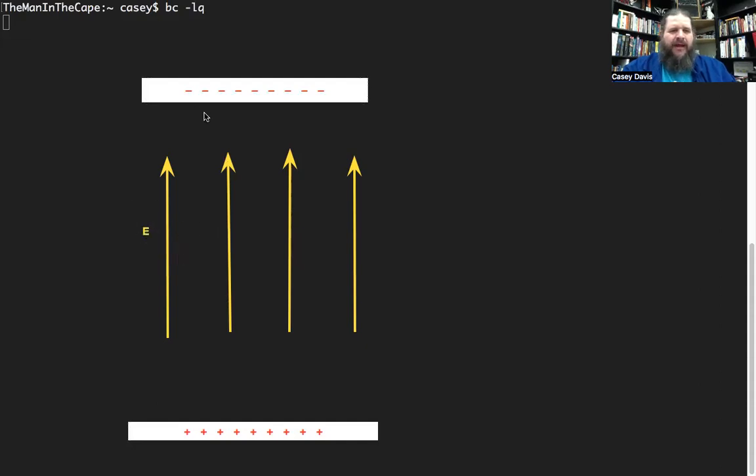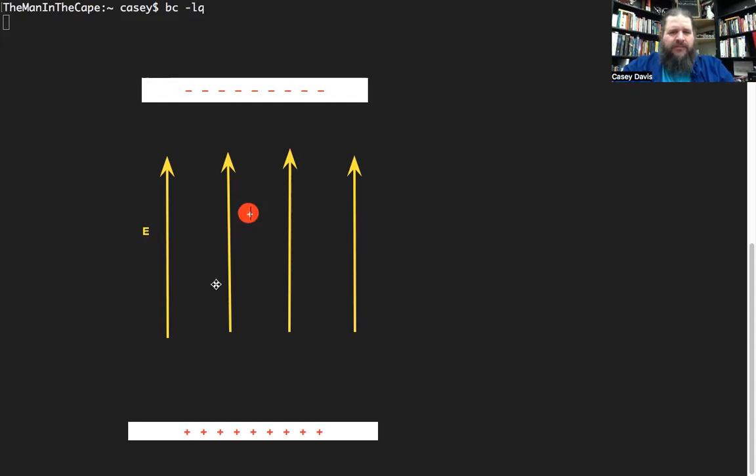And let's say we put not just one charge, because we've already dealt with what happens if you put a charge in this region. But let's say we have an object with a pair of charges. Let's say you've got like a plastic rod with a positive charge on one end and a negative charge on the other end.